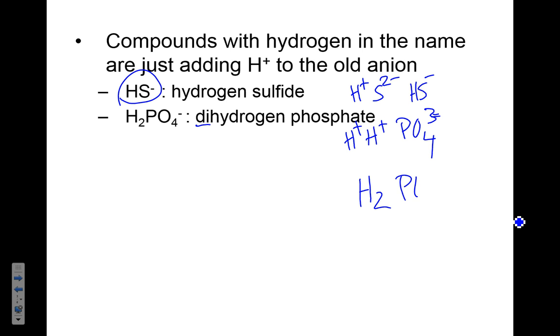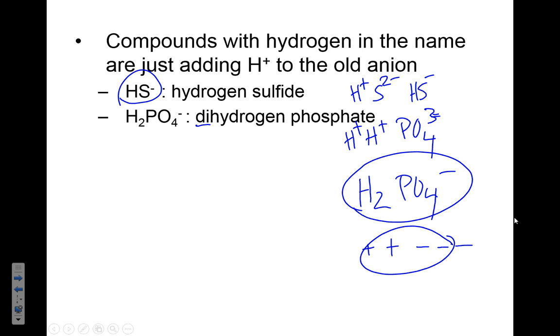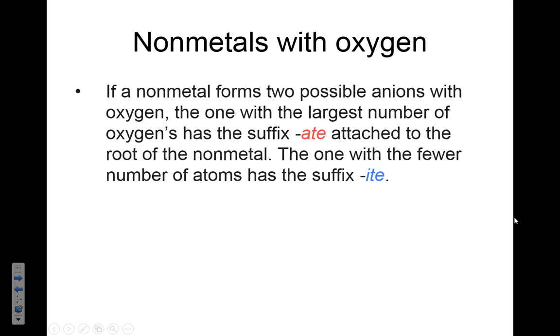And I'm still going to have my PO4, but my overall charge, +1, +1, -3, what I'm left with is -1. That's where that comes from. So if you look at a name where you've got hydrogen in it, that means add that many H pluses, and whatever you get is whatever you get. So that takes care of 2 more from our 27. So anything with hydrogen in its name, that's how you handle it.